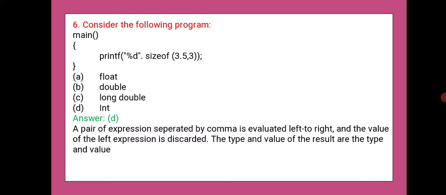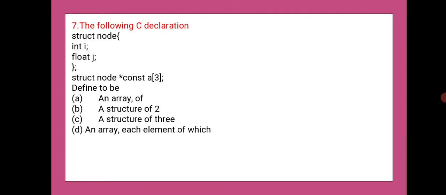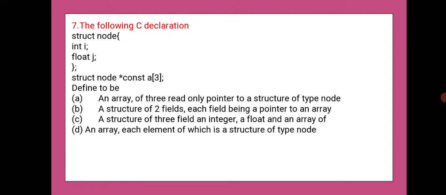Let's move on to some other declarations on struct node, if you understood this. The following C declaration: struct node { int i; float j; }; struct node *const a[3]. It is defined to be what? A, an array of 3 read-only pointers to a structure of type node. B, a structure of 2 fields, each field being a pointer to an array of 10 elements.